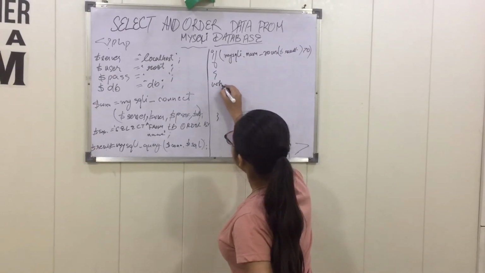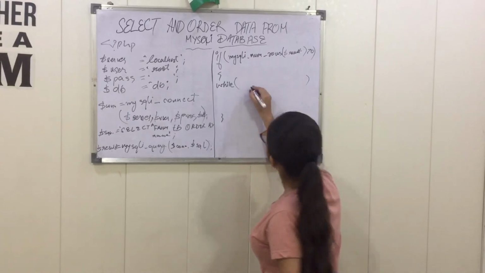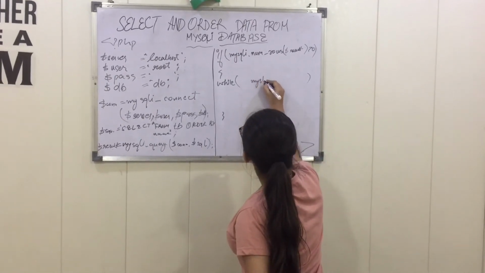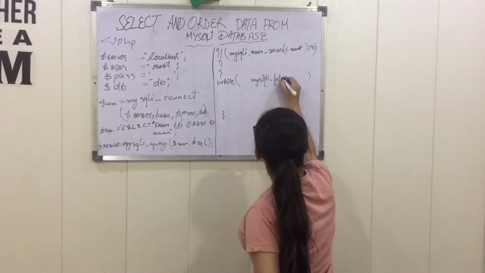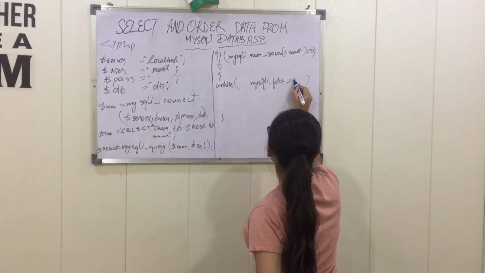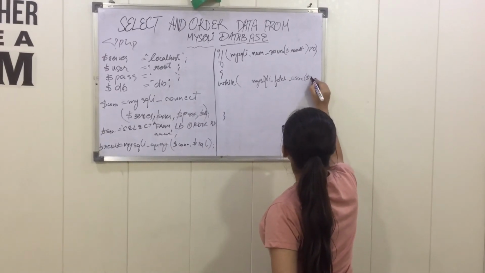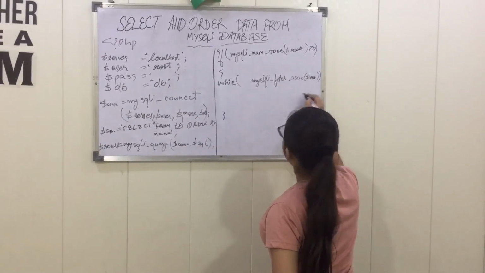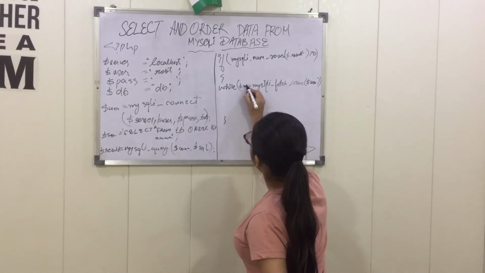In between this, we will do the while loop. In between this, we are using mysqli_fetch_assoc, and after that the variable name, that is $result. And after that, we will put this into a variable. Suppose my variable name is $row.